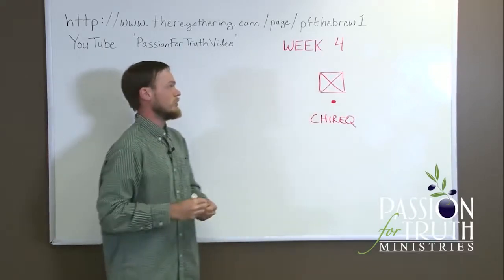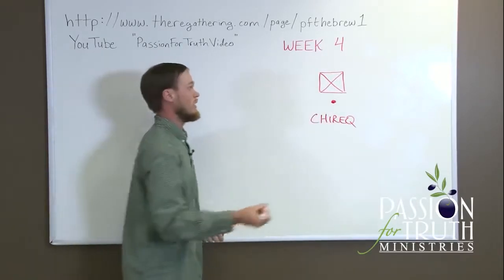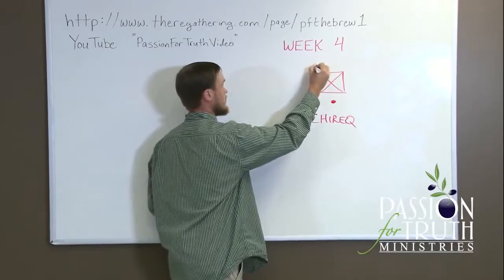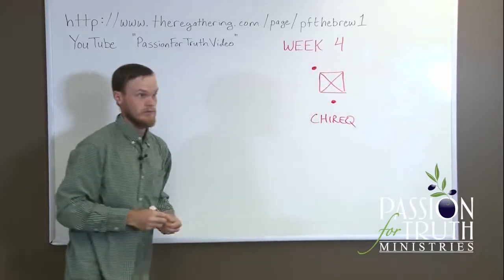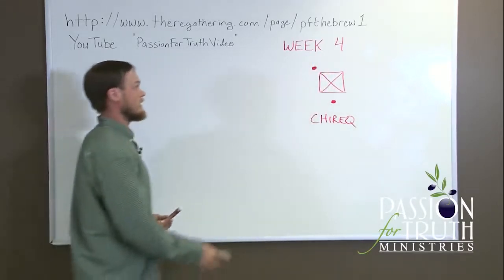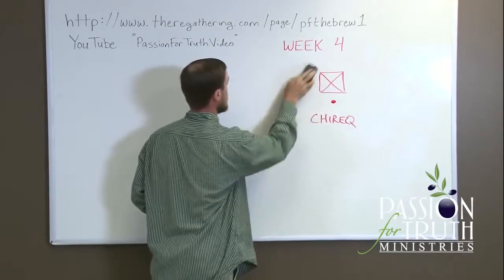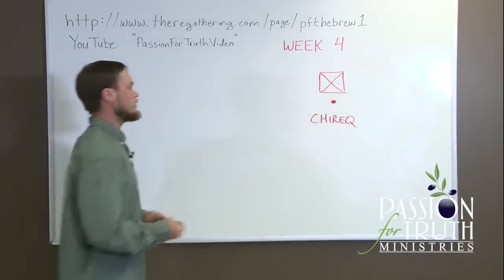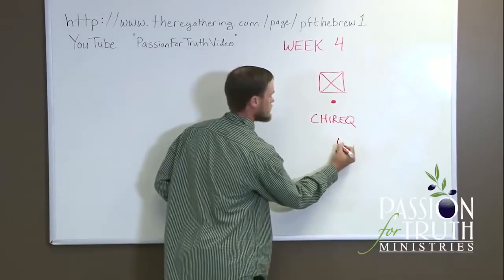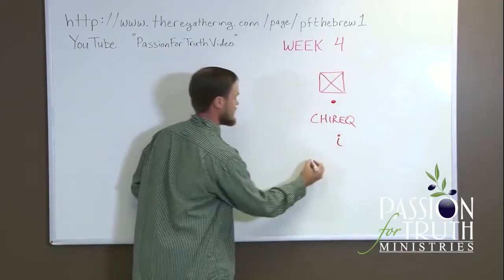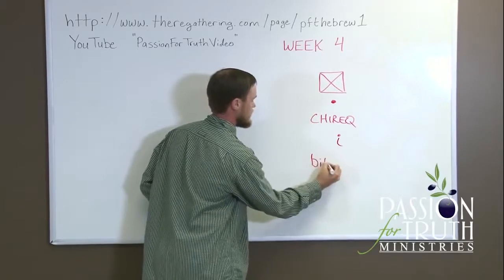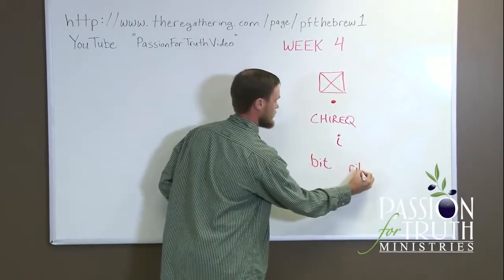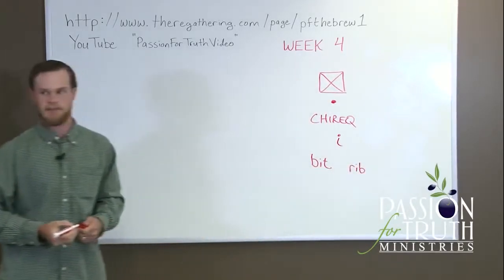The chirik appears below the letter, okay, as opposed to the cholam, which appears above and to the left. Okay, the chirik is a single dot placed directly below the letter. The chirik makes the sound of short I. So I as in bit or rib. Okay, that I sound.